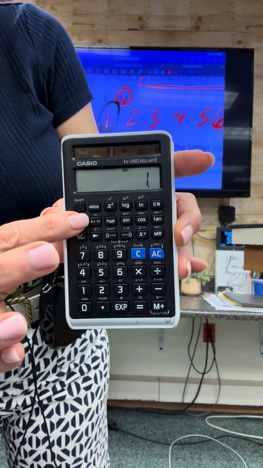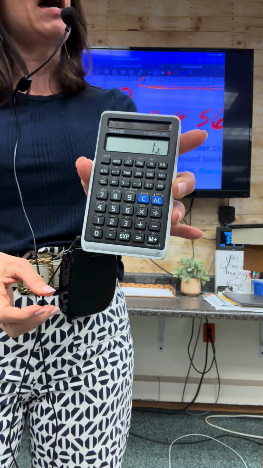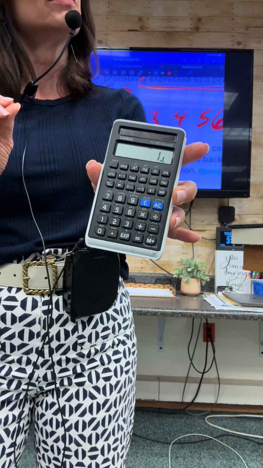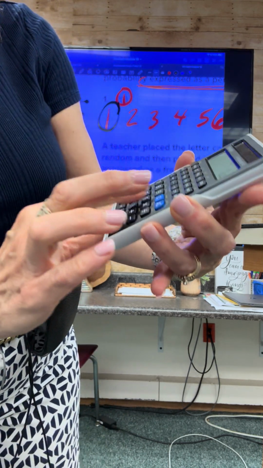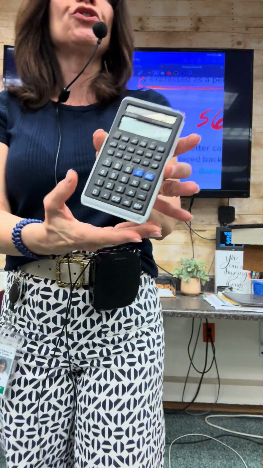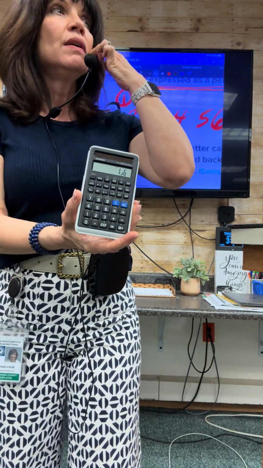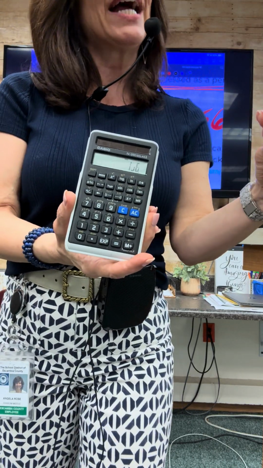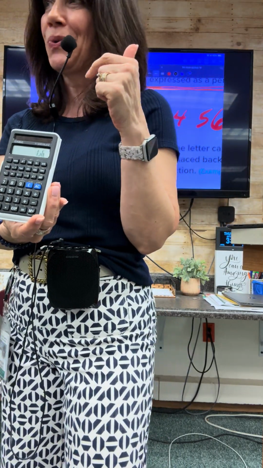It gives you a little capital L, that's a fraction bar. Then tap the 6, then tap the equals. It won't change. It will stay 1/6. If it needed to be simplified, it will simplify it when you tap the equal sign.